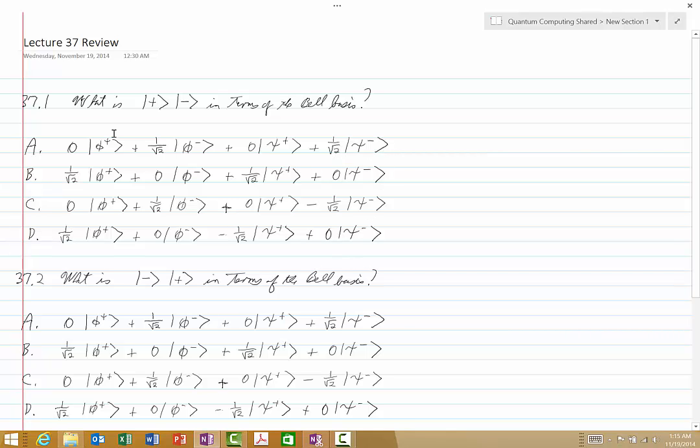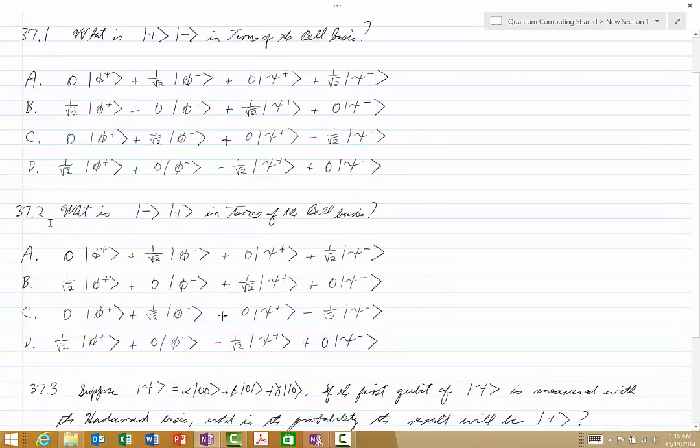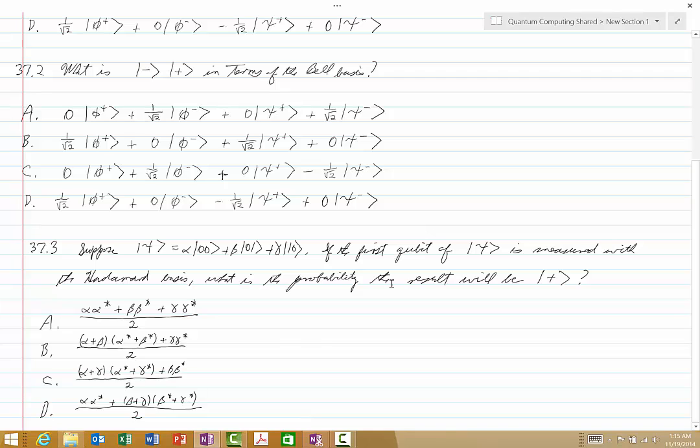As you can see, the 4 elements of the Bell basis are phi plus, phi minus, psi plus, and psi minus, but if you don't remember, you'll need to go and review the exact definitions of those elements. Likewise, the second problem also is dealing with expressing a 2-qubit state in terms of the Bell basis.